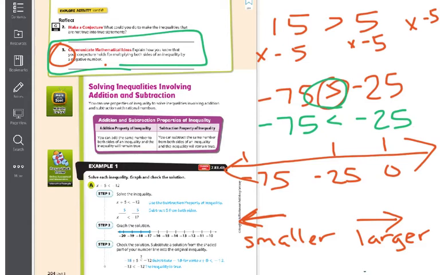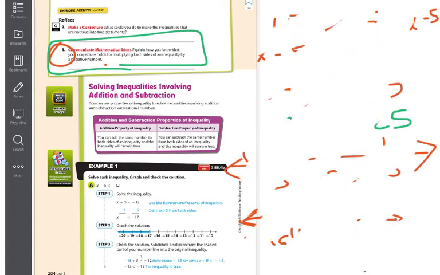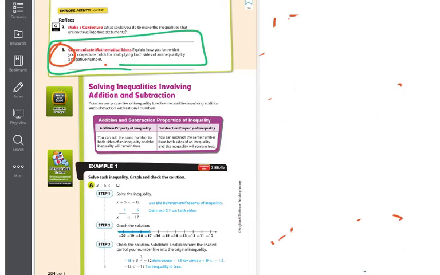The same thing's true. They're so related to each other. So change your notes to say when you multiply or divide by a negative number when you're using inequalities, then you have to change the inequality symbol to make it true.